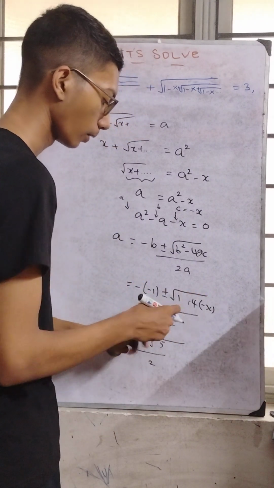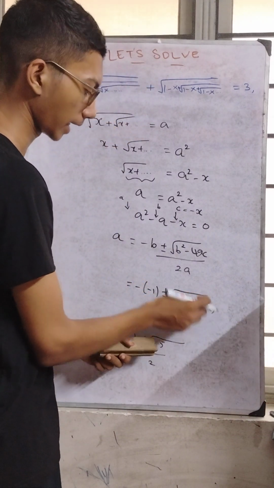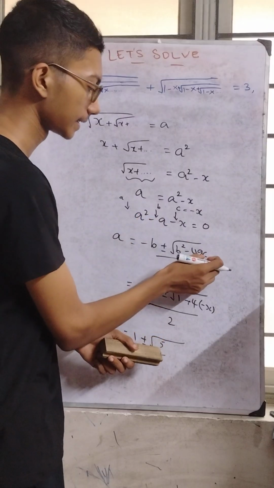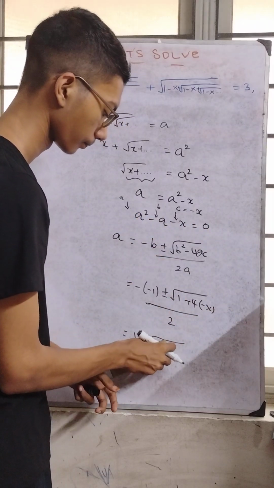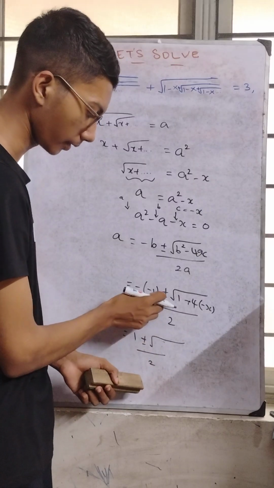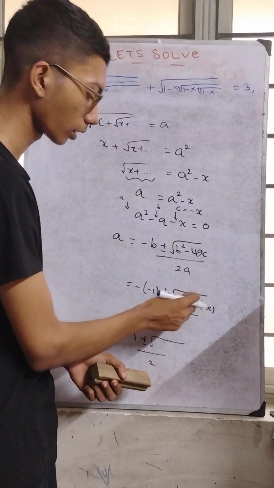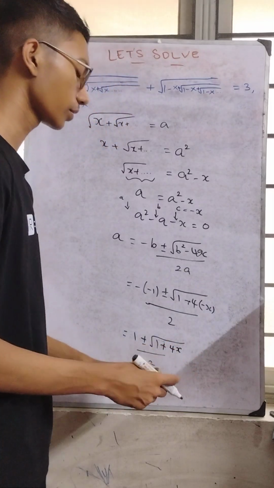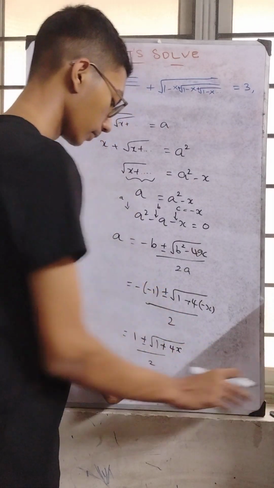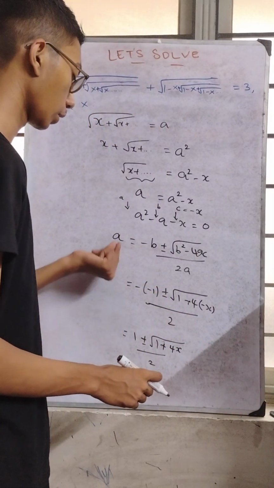So we have minus 4 times a is 1, c is minus x. So we get 1 plus or minus root 1 plus 4x, by 2. So this is the value of a.